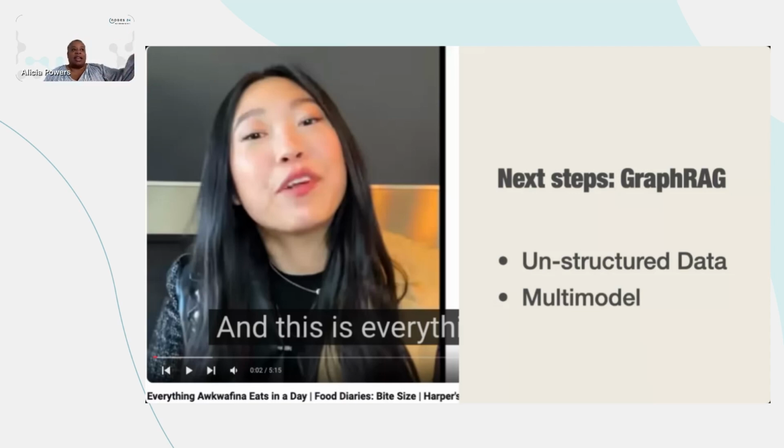And so taking that data and transferring it into an unstructured graph model is what I'm working on now, and also adding the idea of a multimodal model as well. So those are some next steps in this process of building this really strong, robust food recommendation engine.